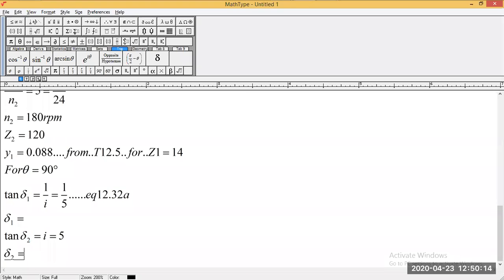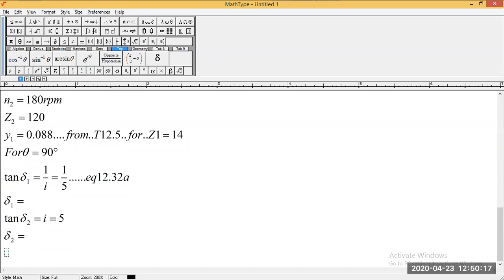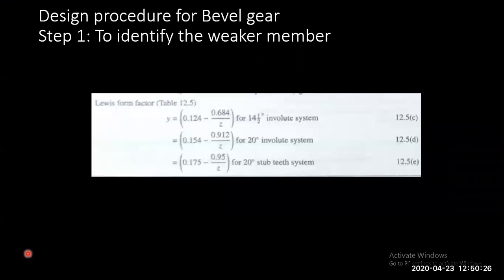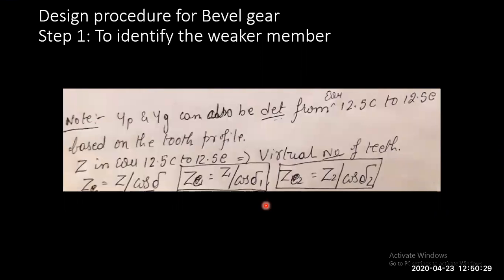To find delta 1 and delta 2, in the meantime, I'll go back to the PPT, and step 1 is not yet complete. I need also to find the actual number of teeth for that particular bevel gear, right? So these two also I need to find out. ZE1 is Z1 over cos delta 1.